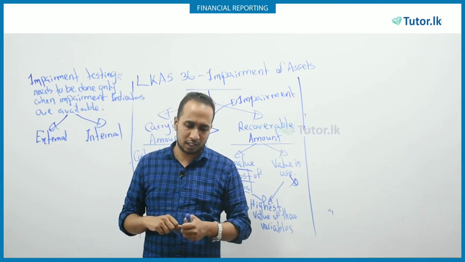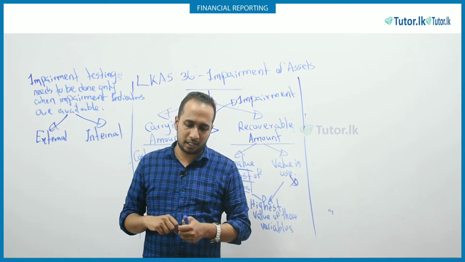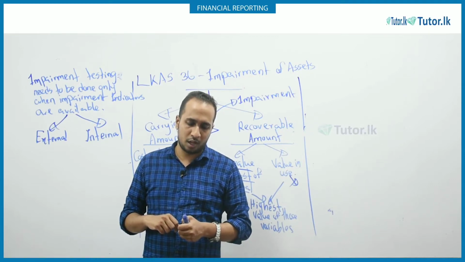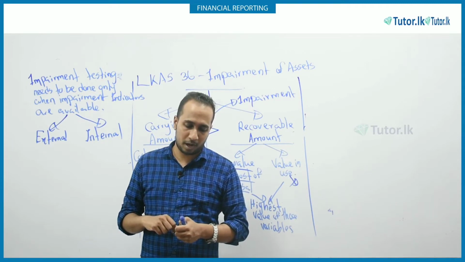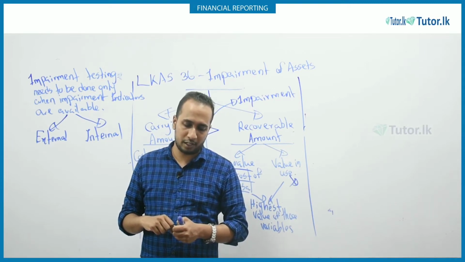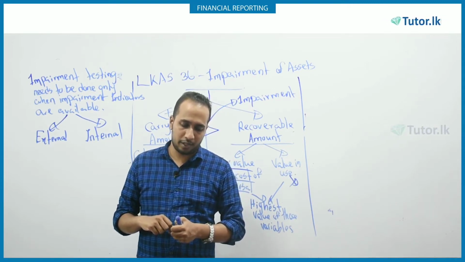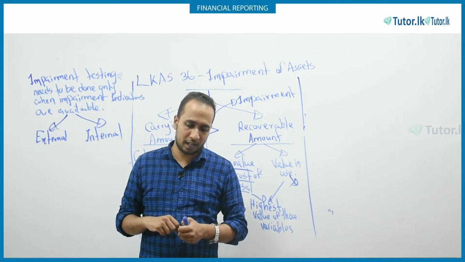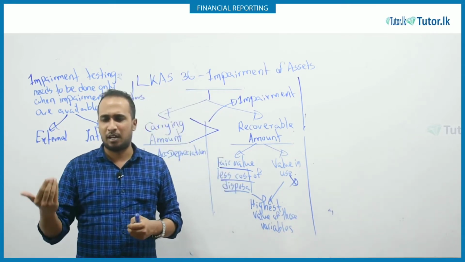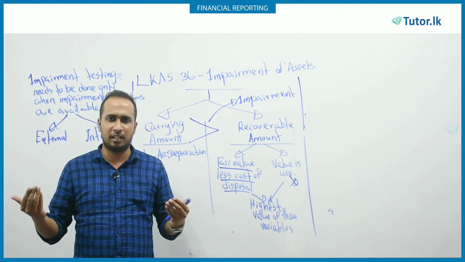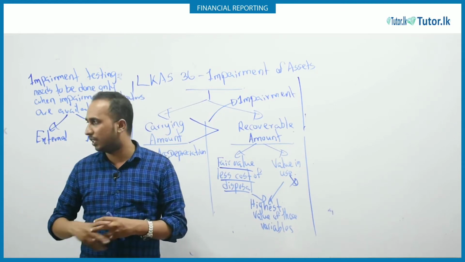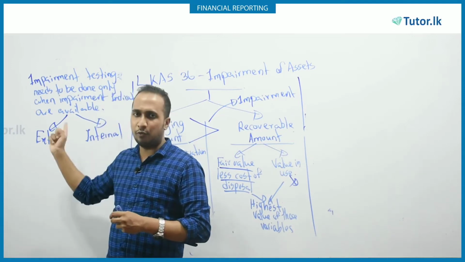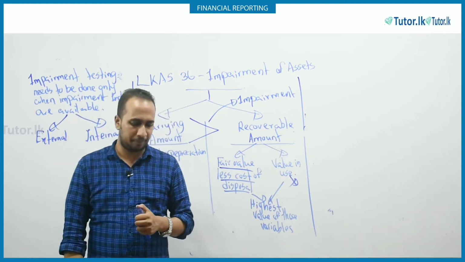Then, significant changes with an adverse effect on the entity have taken place during the period or will take place in the near future, in the technological, market, economic or legal environment in which the entity operates, or in the market to which an asset is dedicated. For example, there can be some technological issues. With that, if we feel that the asset is impaired, we need to perform impairment testing.